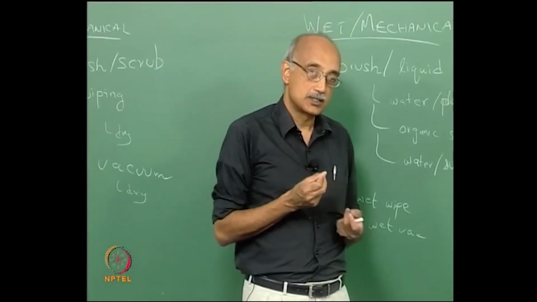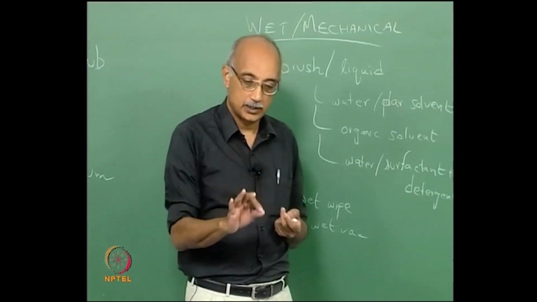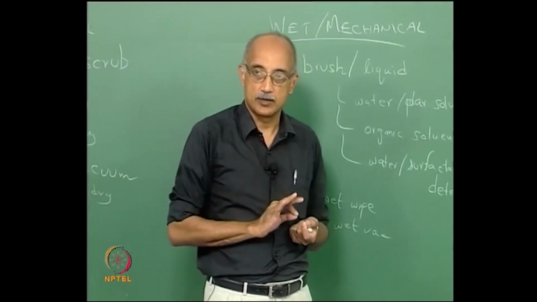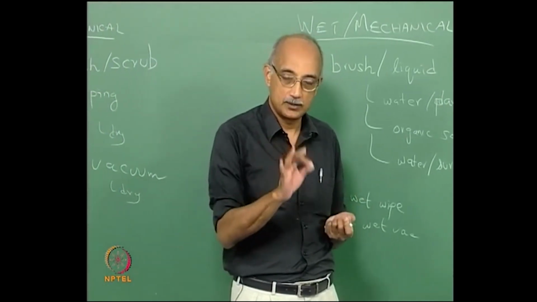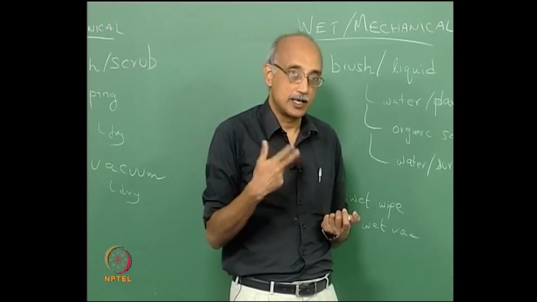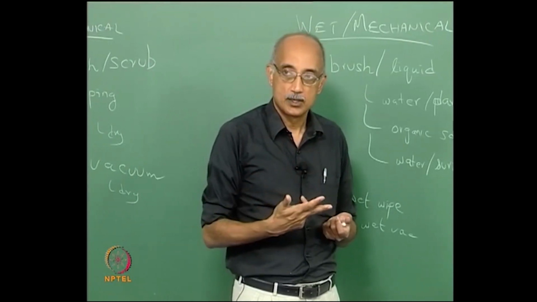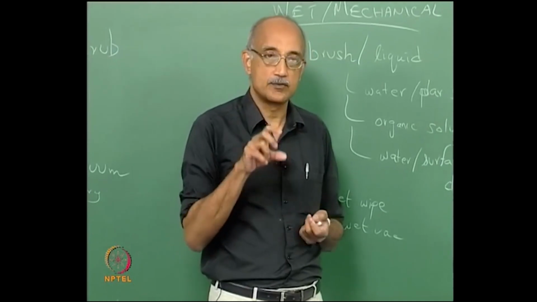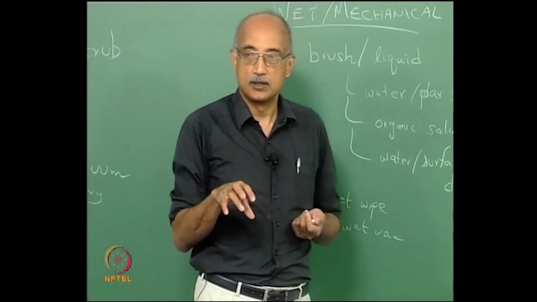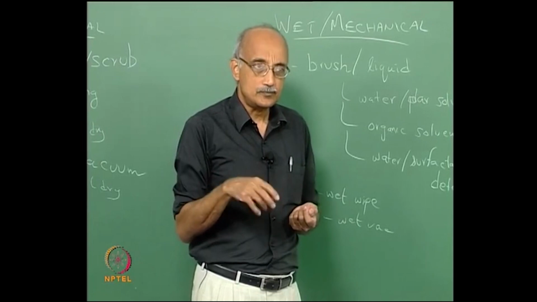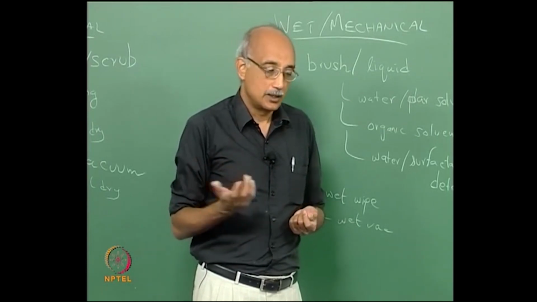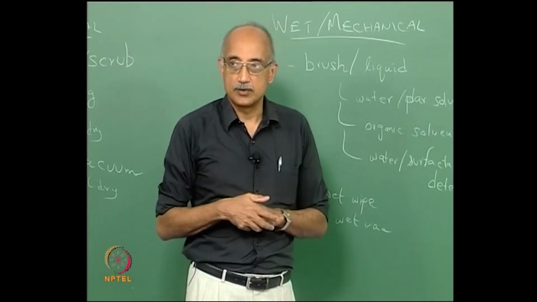The other problem is that if you do not control the distance between the tip and the surface carefully, the tip can actually hit the surface and thereby generate particles. And so, this requires a high degree of mechanization, automation, precision control, all of which can increase the cost of the process quite significantly.